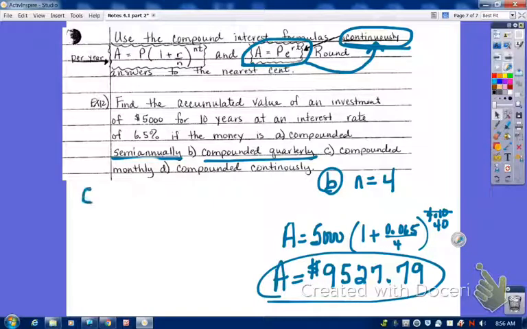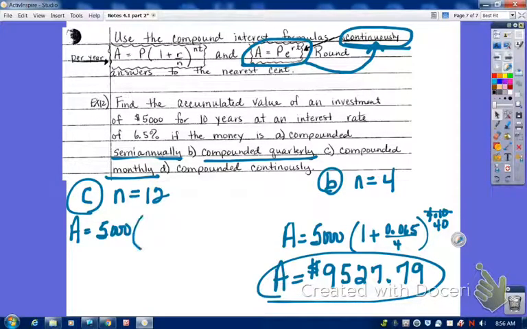All right, the C part, it says we're compounding monthly. So how many months are there in a year? 12. So we do the same formula, except n is going to be 12. So it's going to be 5,000. You don't even have to write this part down if you just want to use what you've done before and punch it in your calculator. Whatever works for you. 12 times 10, so that exponent would be 120.